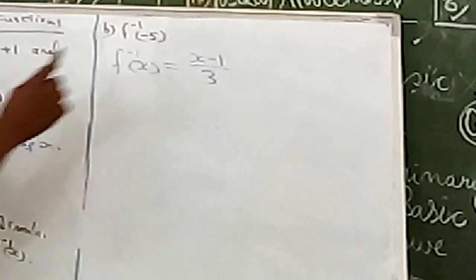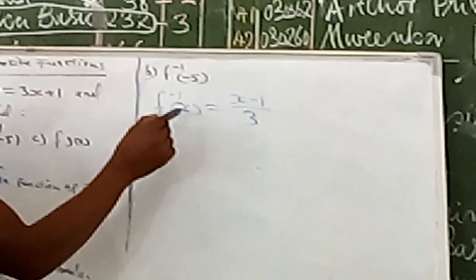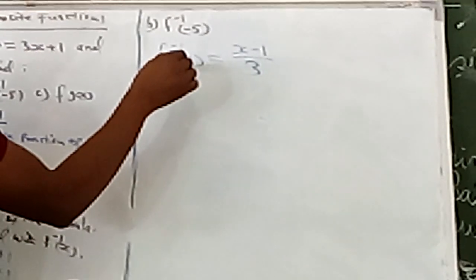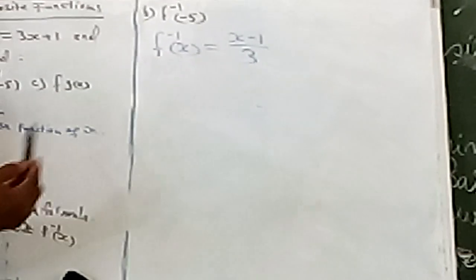So what does it mean if you have something like this? It simply means that in the inverse function, where there is x, you simply put negative 5. That's the idea. Simple.